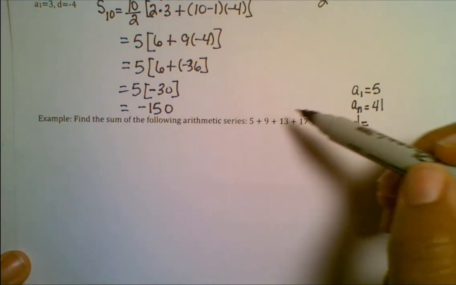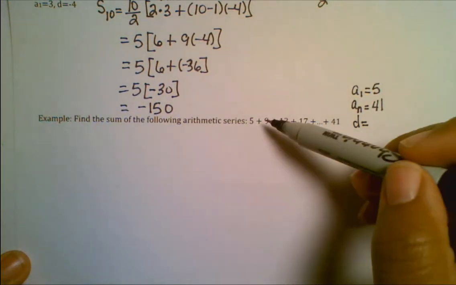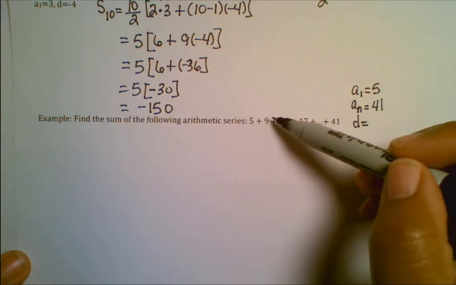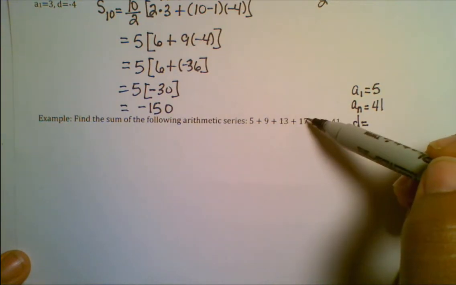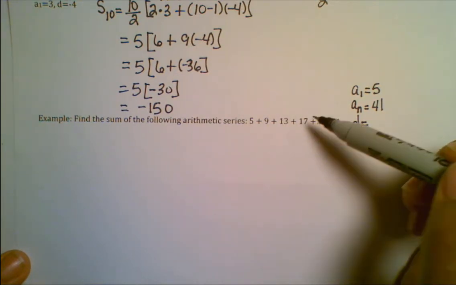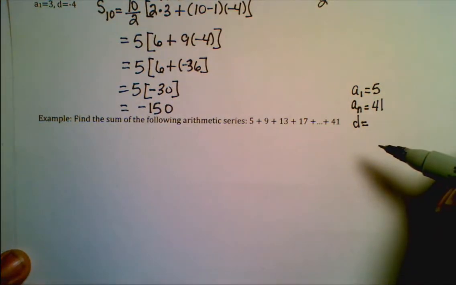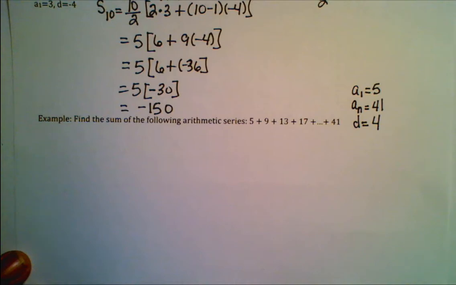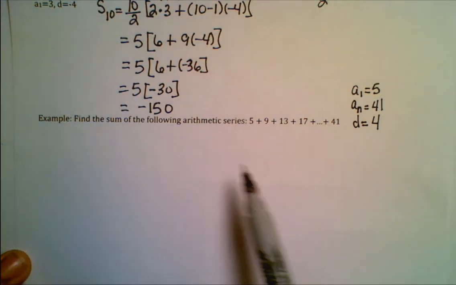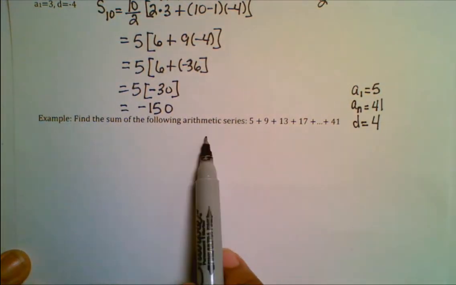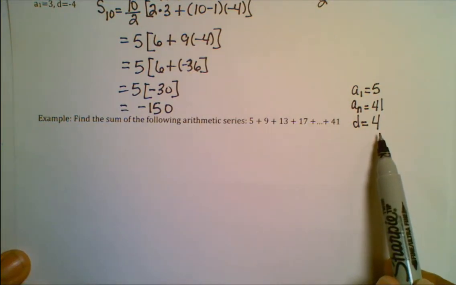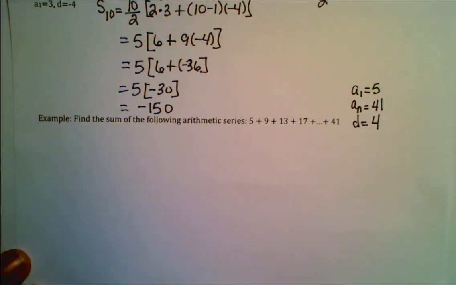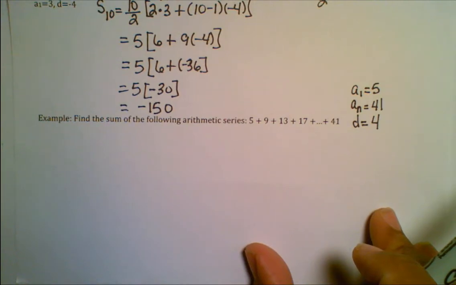So the common difference is what, to get from 5 to 9, 9 to 13, 13 to 17? We're doing what each time? We're adding 4. So to find the sum of this, what's missing at this moment is we don't know the number of terms. How many terms are in this series? That's what we need to find.